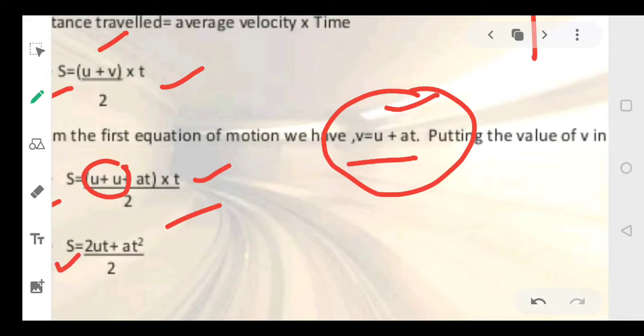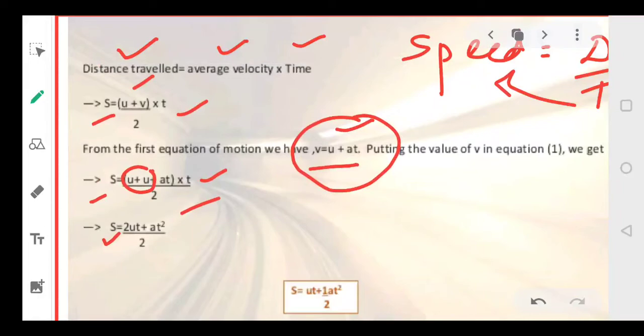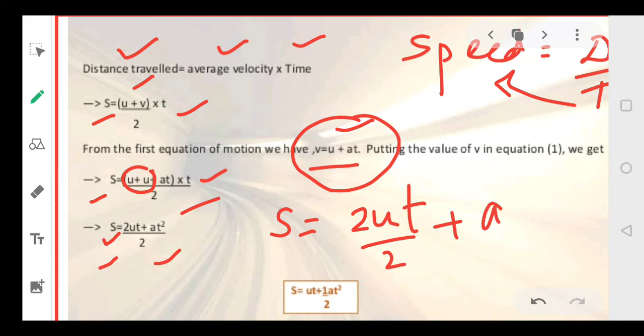So S is equal to 2UT plus AT square upon 2. Now separate the terms. S becomes equal to 2UT upon 2 plus AT square upon 2. So 2 cancels, and we are left with S is equal to UT plus half AT square.